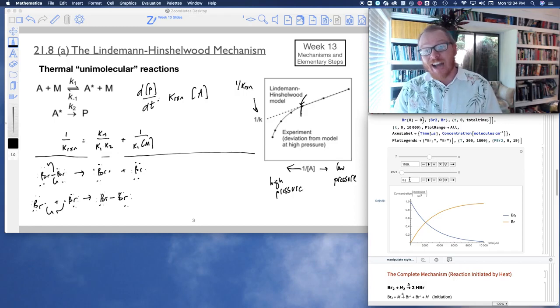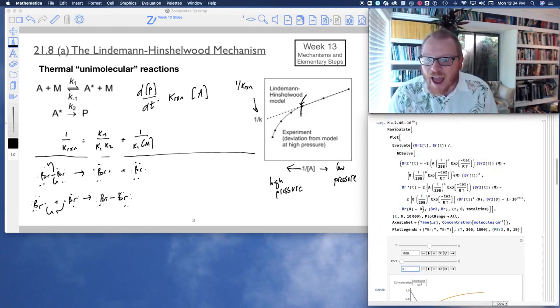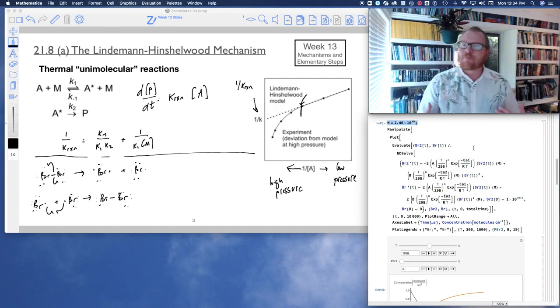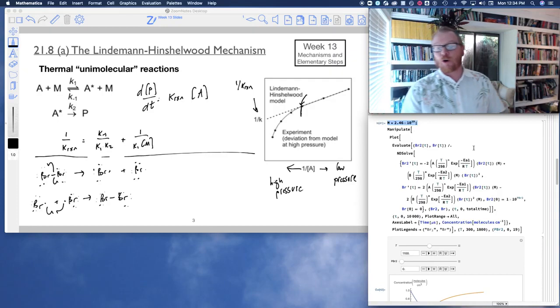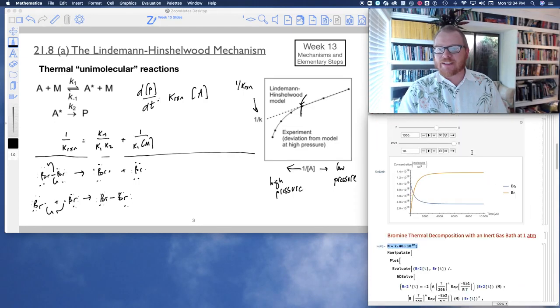Well, because there's not just 1 molecule per cubic centimeter. Where is it? Here we go. I set M, the inert third body, to be 1 atmosphere. Aha. So that's a big difference in how this goes down, right?